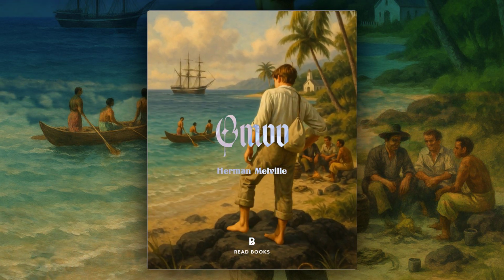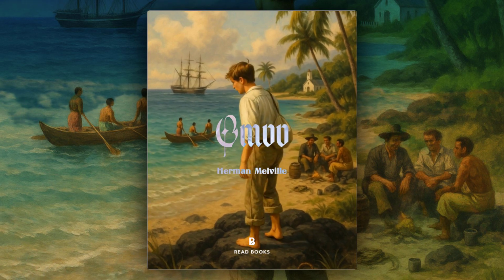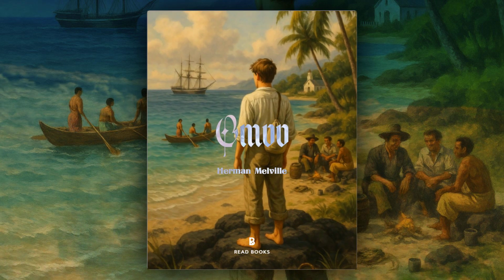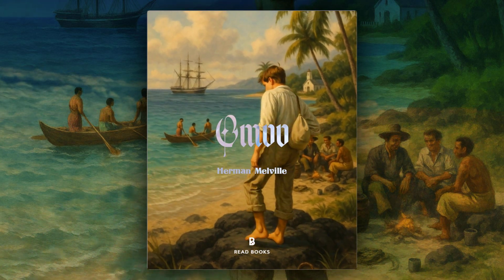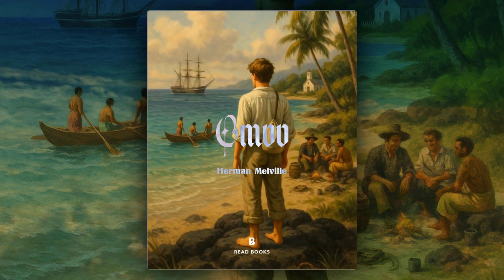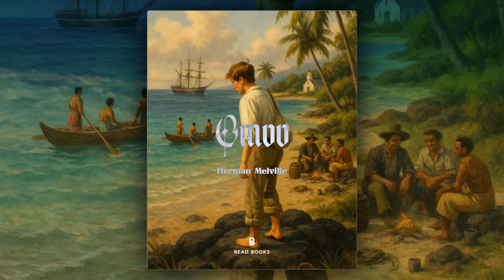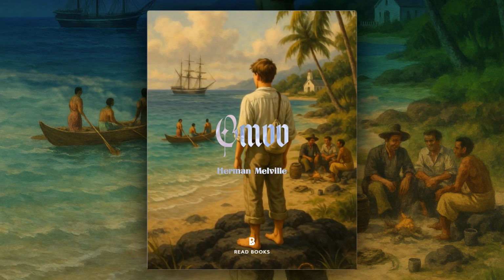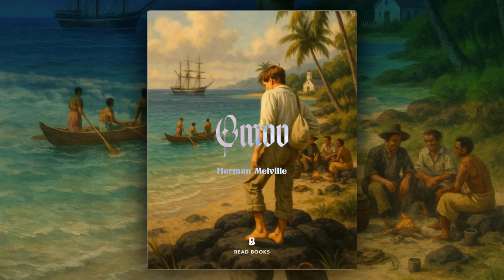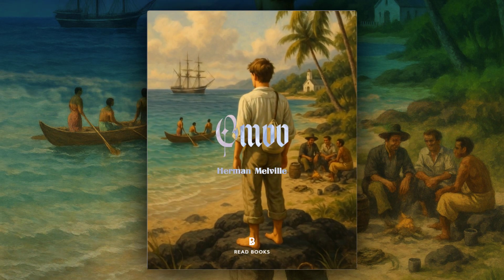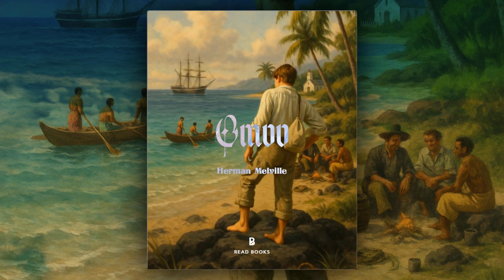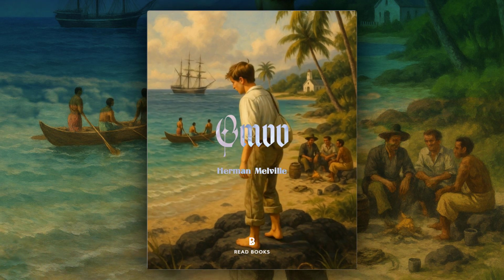Tommo observes the missionary fervor and the cultural disruption it causes among the islanders. The missionaries' intent to convert the native population and bring civilization to the island contrasts sharply with the natives' traditional way of life, ultimately leading to a cultural clash that Tommo finds increasingly uncomfortable.